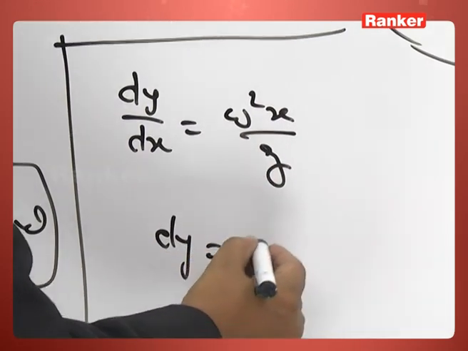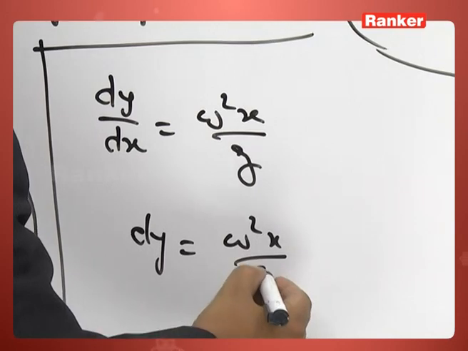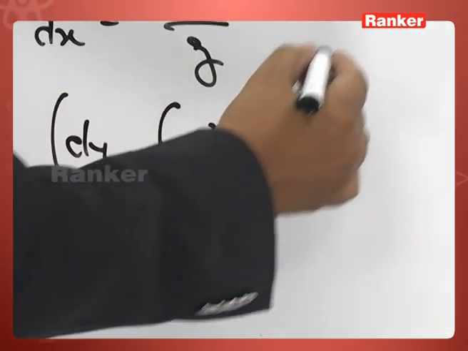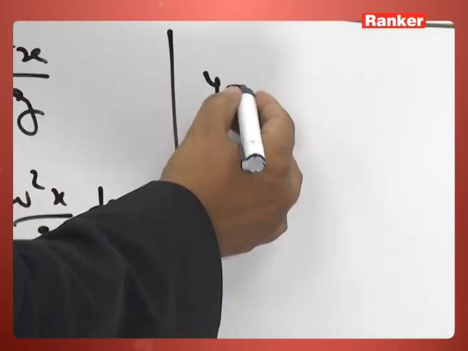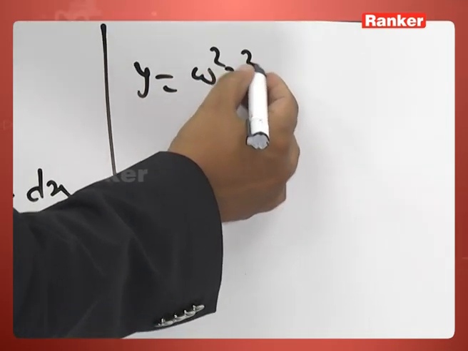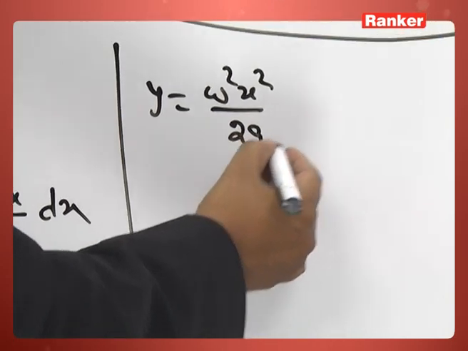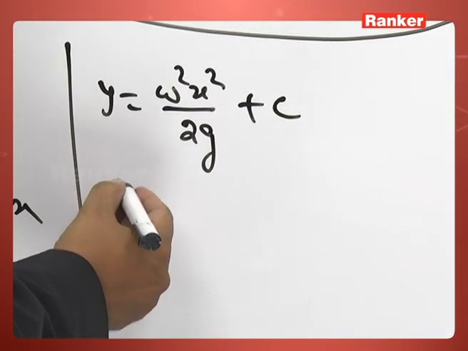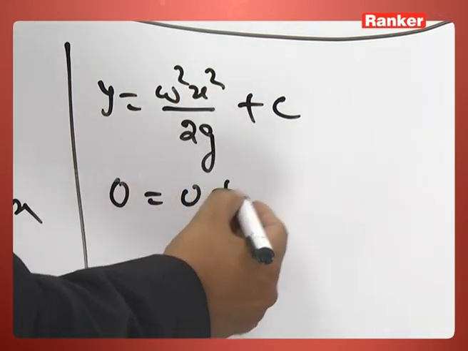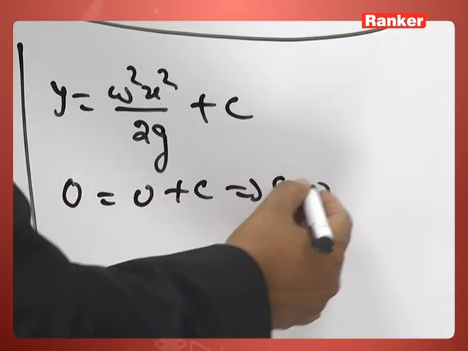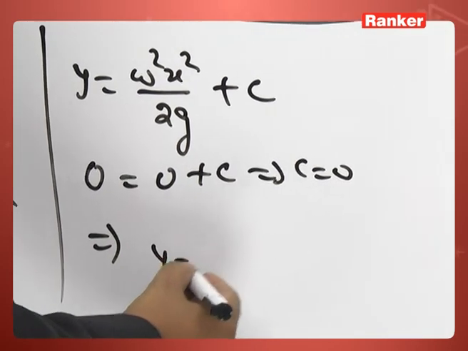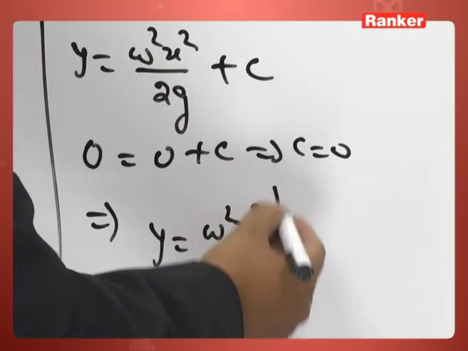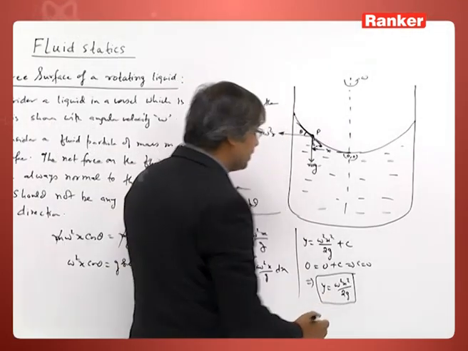If I integrate it, then on integration it gives y is equal to omega square x square by 2g plus constant of integration c. Now, y is 0 when x is equal to 0, which implies c is equal to 0. Thus, y is equal to omega square x square by 2g is the equation of the free surface.